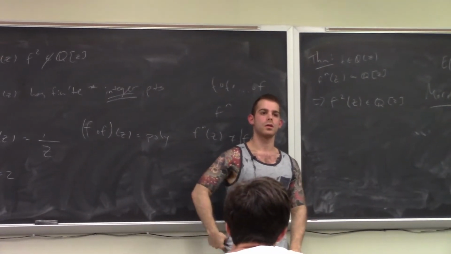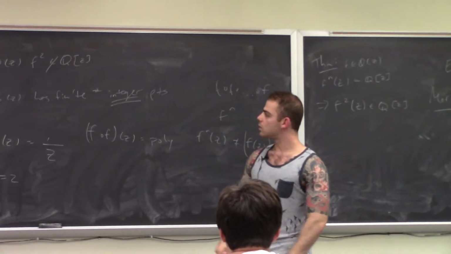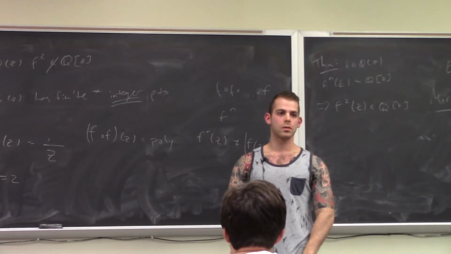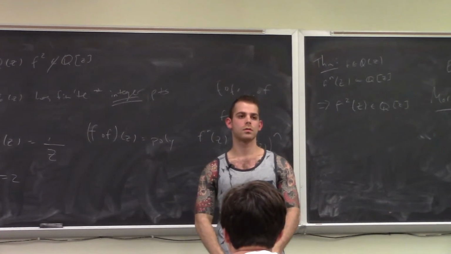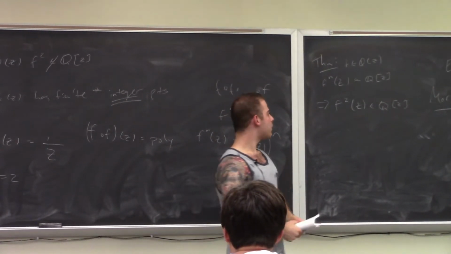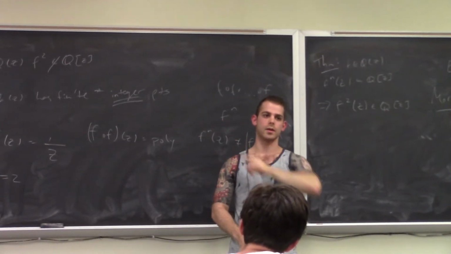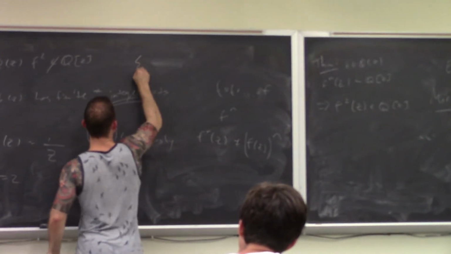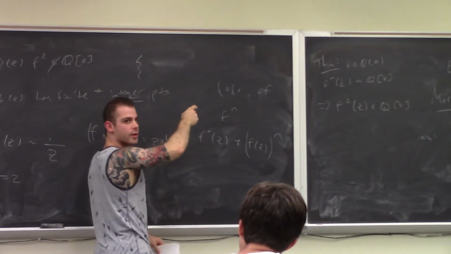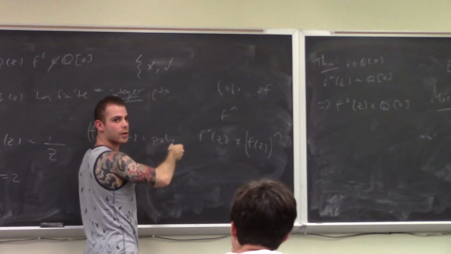Yeah. So in the case that f^2 is an element of Q[z], would that make it so that there is an infinite amount of integer points on it? Yeah, if any f^n, right? Because here we're saying we only need to consider the second iterate. If the second iterate is a polynomial and I start listing out the points, maybe this one isn't, but then this one will be because it's a polynomial, right?